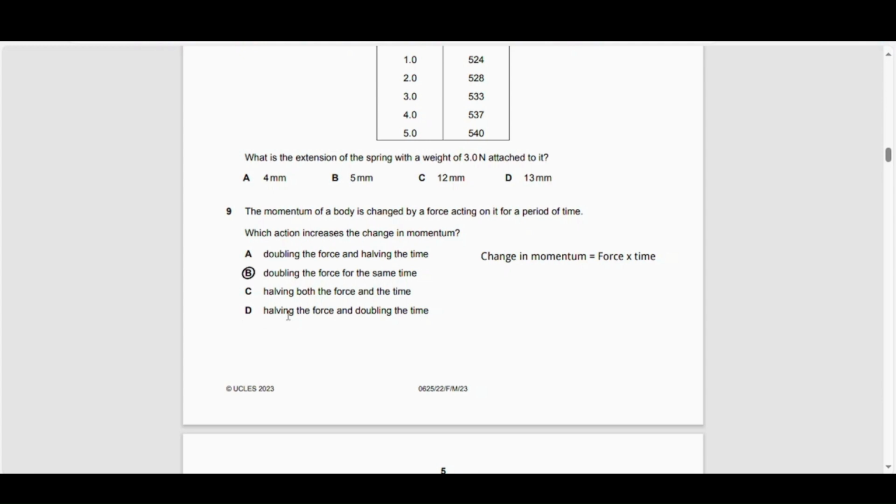And then the last case goes halving the force and doubling the time. That's kind of the reverse of A, where now you've got a force of 0.5 newtons and a time of 1 second. So you've got a total change in momentum of 0.5 newton seconds, which is again half of what it was before. So the only action that increases the change in momentum is doubling the force for the same amount of time. So essentially you want to either double both quantities or double one of the quantities while keeping the other one constant in this case.